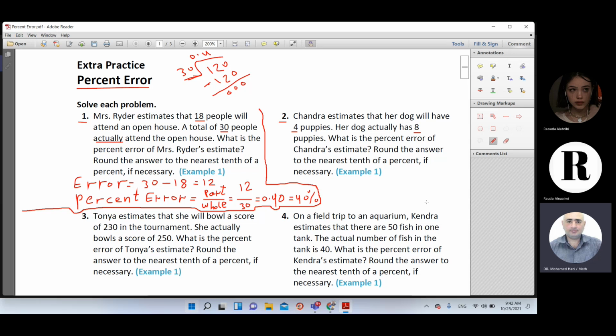So the first step, we want to find the error. The error means the difference between the two values, 8 minus 4. 8 minus 4 will be 4. Then the second step, we want to find the percent error.